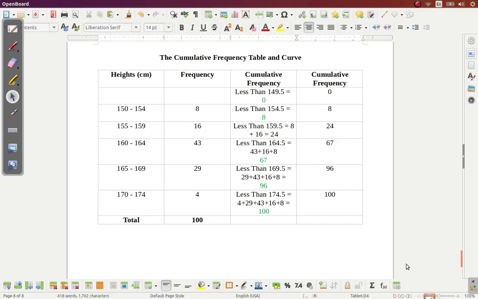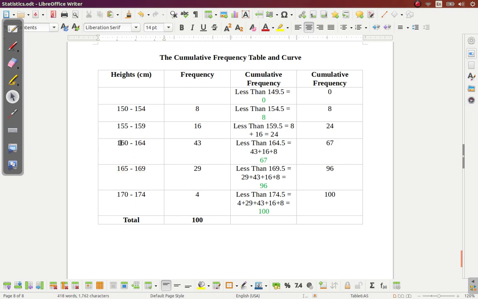Alright, next point. How many persons measured were shorter than 164.5? Because 164.5 would end the 3rd class but begin the 4th class.